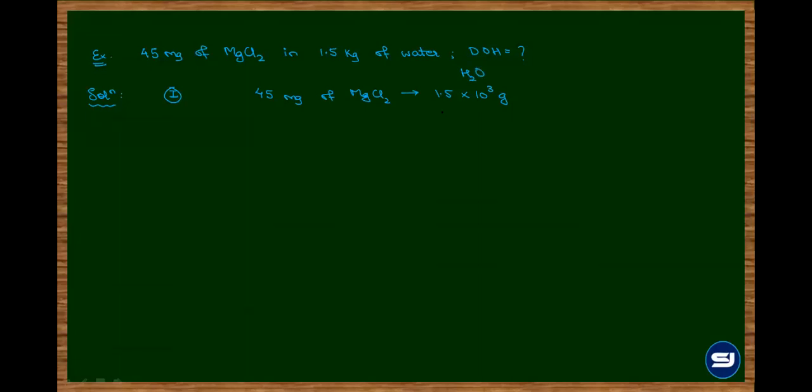So हमें कितने में interested है? 10 raised to 6 ग्राम में कितना? ठीक है, so it will be 10 raised to 6 into 45 into 10 raised to minus 3 upon 1.5 into 10 raised to 3. Okay, so this and this goes away.